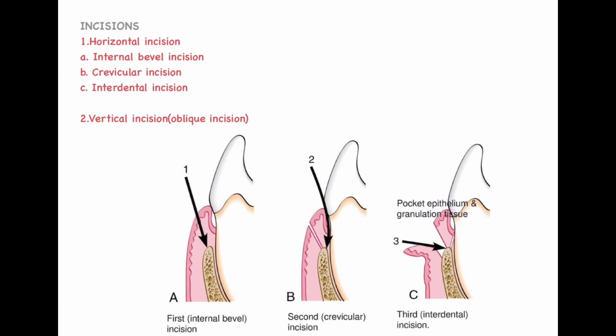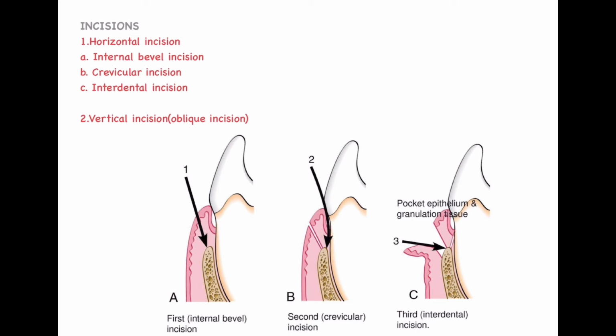Moving on towards incisions. Now incisions are very important. Basically incisions are given initially and then we reflect the flap. For any surgical procedure, correct placement of the incision is a must. Based upon the incision only, the other procedure can be adapted well.